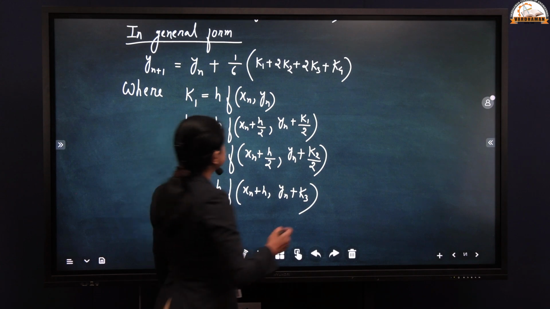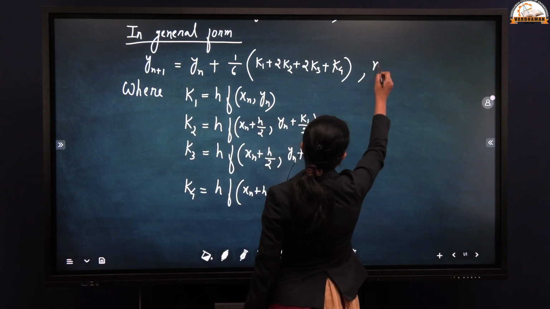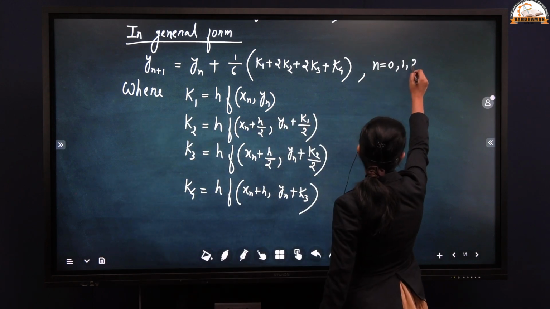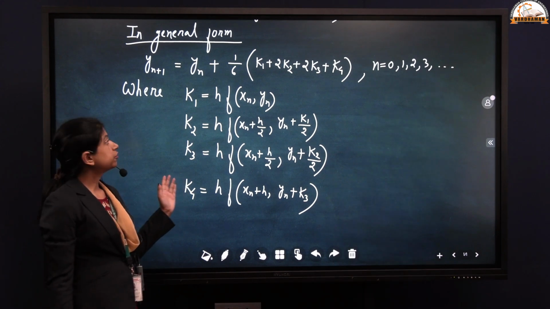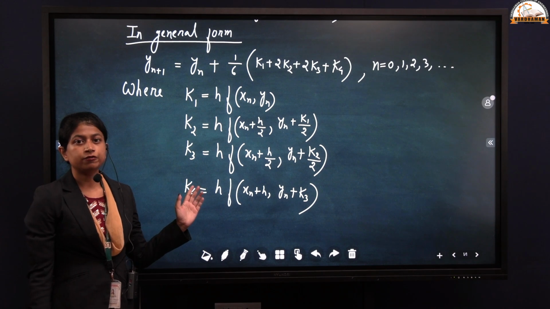Also here n will be equal to 0, 1, 2, 3 and so on. So this is the general form for the Runge Kutta method of fourth order.